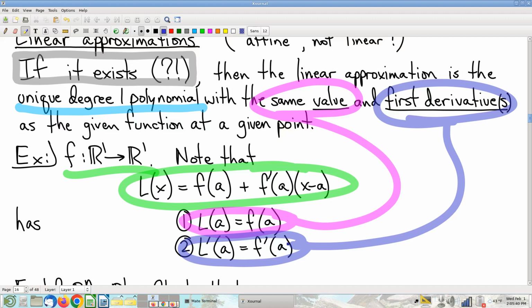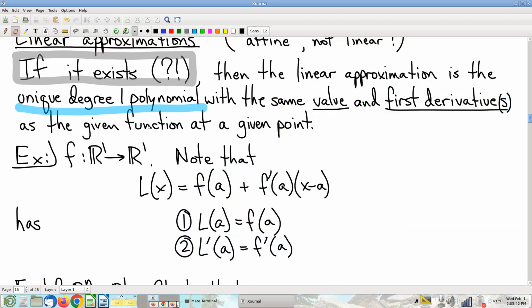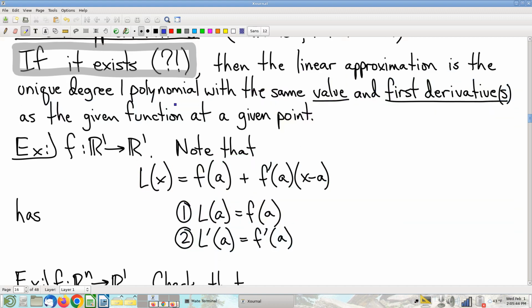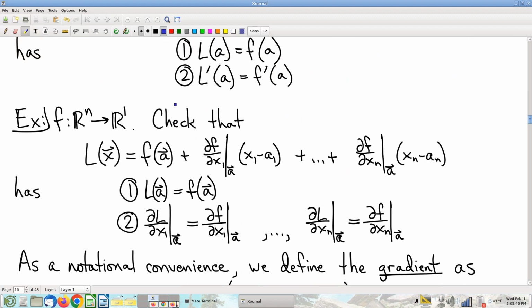All right. So I'm going to use that to motivate this formula here for the linear approximation of a multivariable function. Now notice this is a multivariable function, but it is still real valued. And we'll talk in a few minutes about what to do if it's not real valued. What if it's vector valued? How does that change things? But let's put a pin in that. For the moment, real valued only.